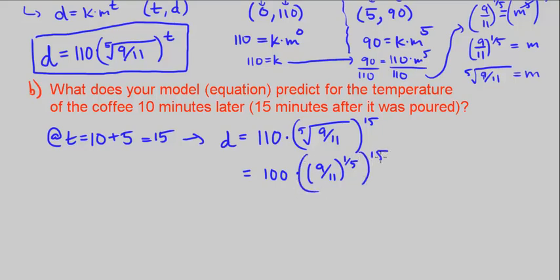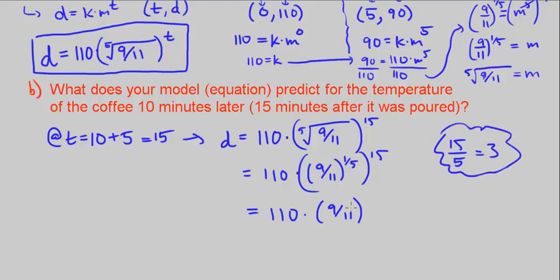So we have that to the power of 15. Oops, I wrote this wrong. This is 110 times 9 over 11 to the 1 over 5, which is then multiplied by 15. So that's 9 over 11 to the power of 15 over 5. So 15 over 5, remember, is 3. Let's go ahead and bubble that. So that's the power of 3.